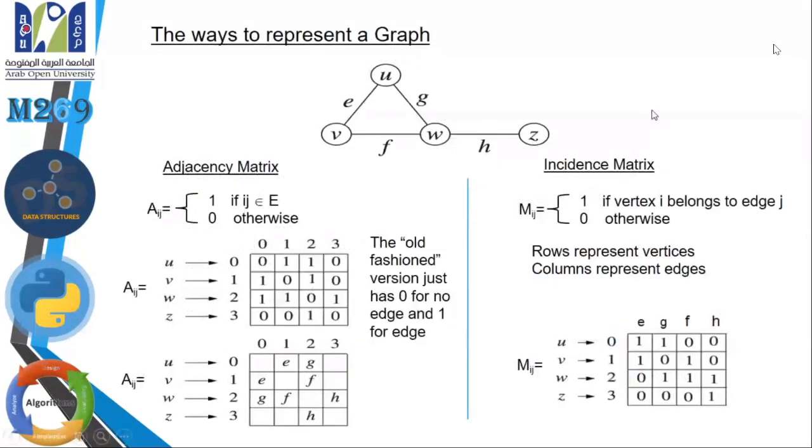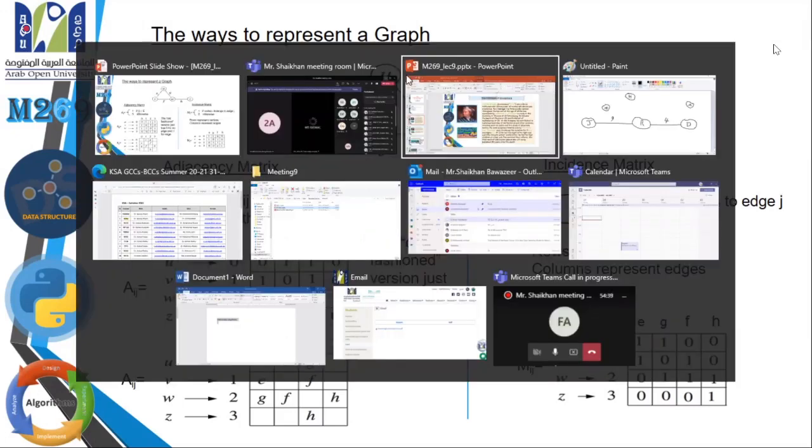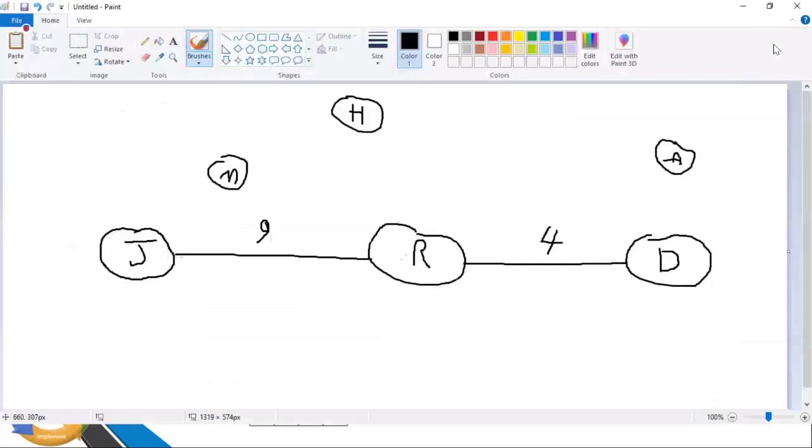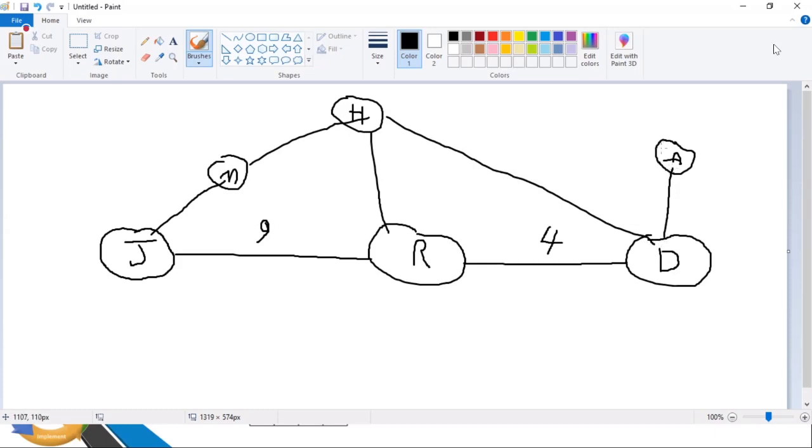Okay, this is important. Now, how to represent a graph? As I told you, it depends on the case. For example, in my case I have Jeddah, Riyadh, Dammam, Hail, Ahsa and so on.